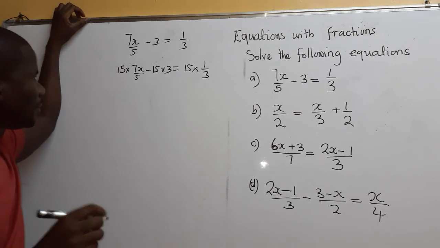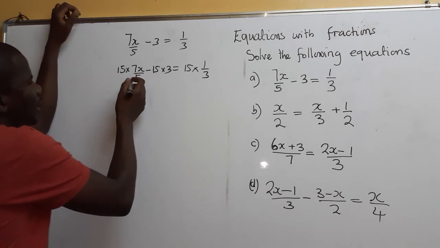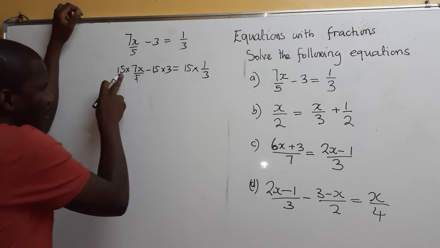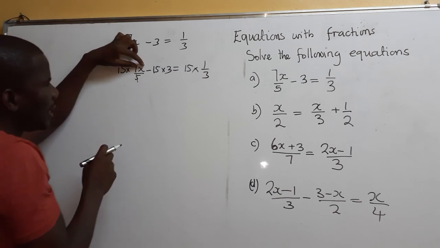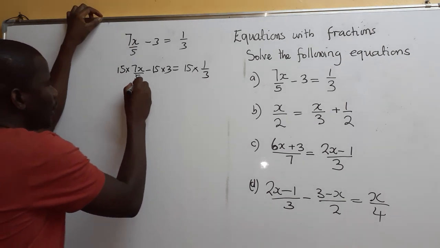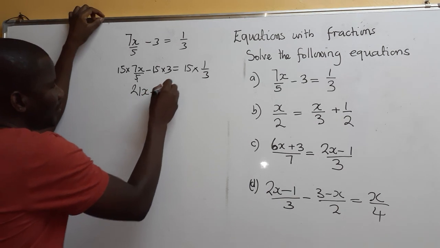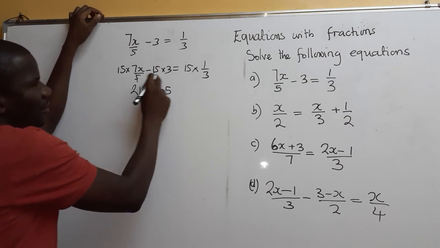Is that clear? Then here we say 5 into 15 is 3. 3 multiplied by 7x gives us 21x minus 45.